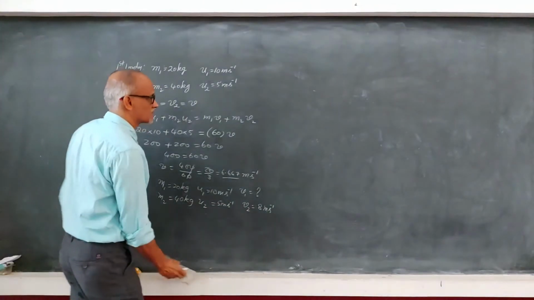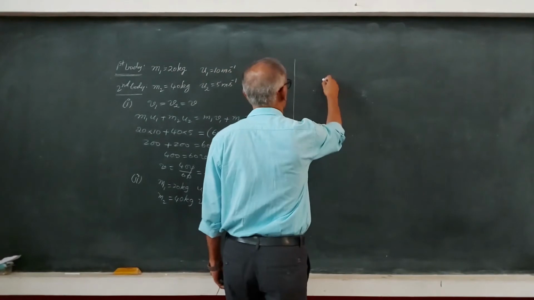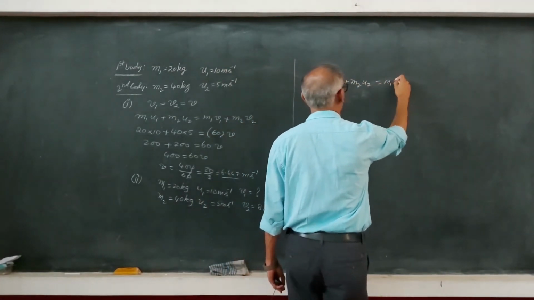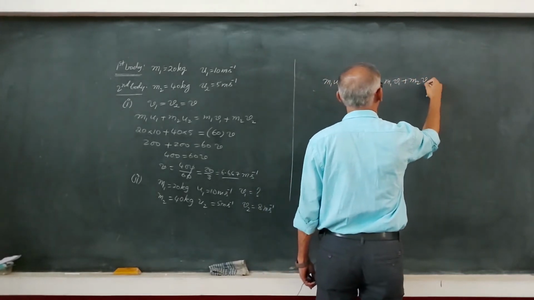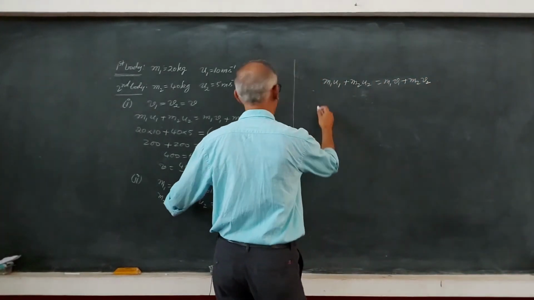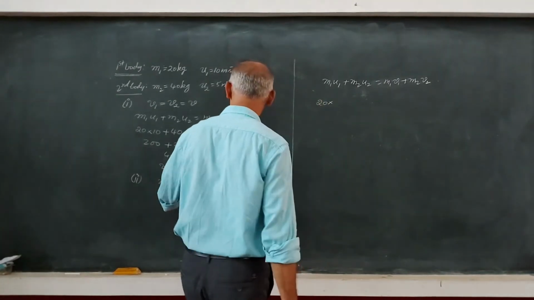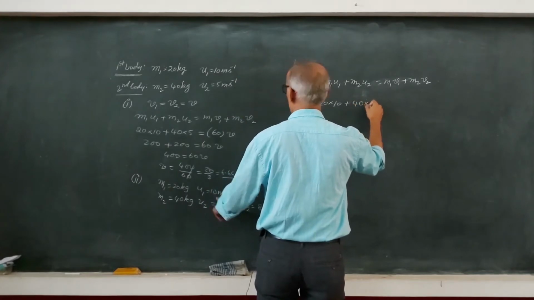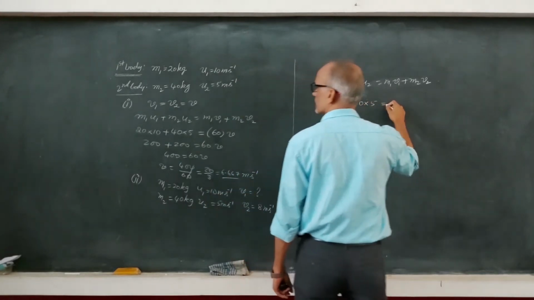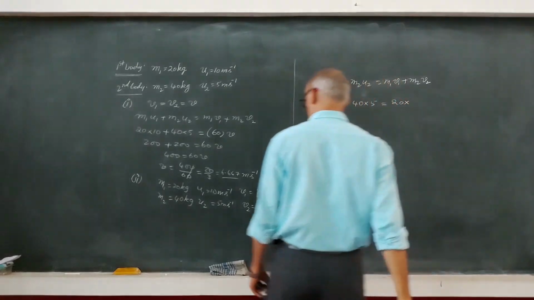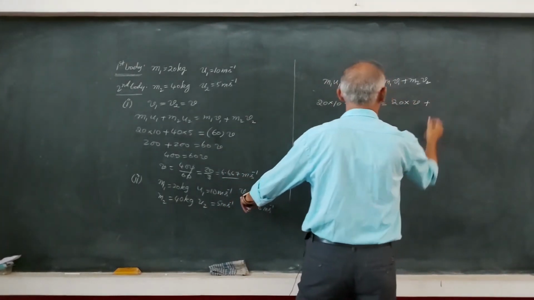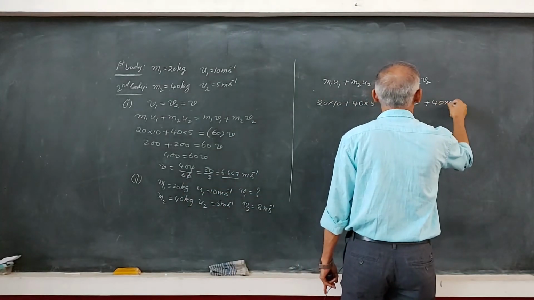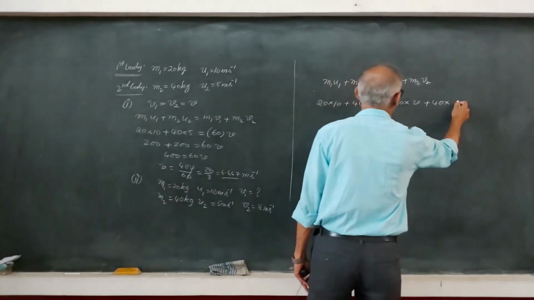So let me use this space here. Formula remains the same. m1 u1 plus m2 u2 is equal to m1 v1 plus m2 v2. The value of m1 is 20, into the value of u1 which is 10, plus the value of m2 which is 40, into u2 which is 5. That's equal to m1 which is 20 into v1 we need to calculate, plus the value of m2 which is 40 into the value of v2 which is 8.